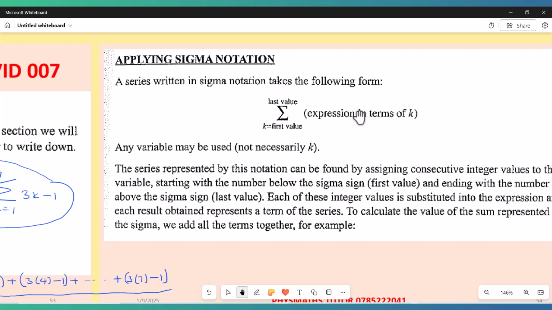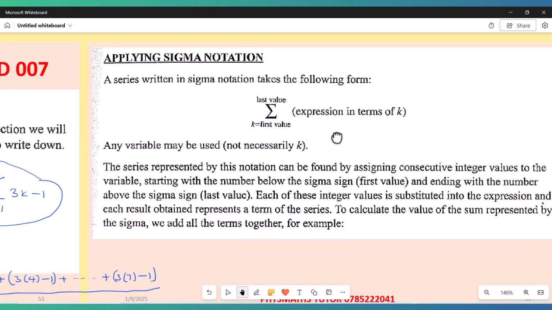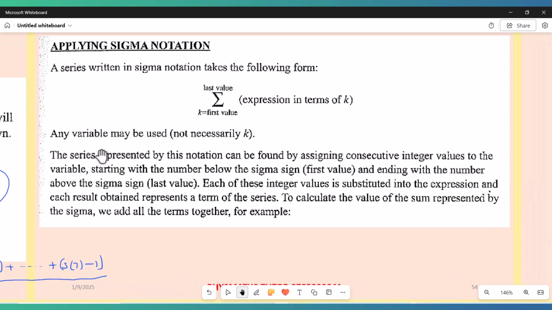You can use B or any letter, but it must be the same letter in the expression, to avoid confusion. So any variable may be used.